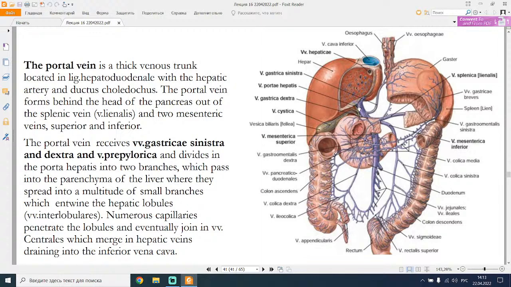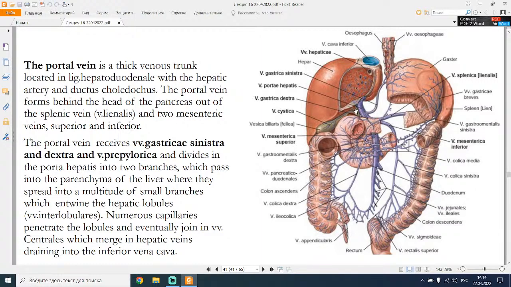The portal vein forms behind the head of the pancreas out of the splenic vein and the two mesenteric veins, superior and inferior. Vena splenica, vena mesenterica inferior, and vena mesenterica superior drain into the vena porta.